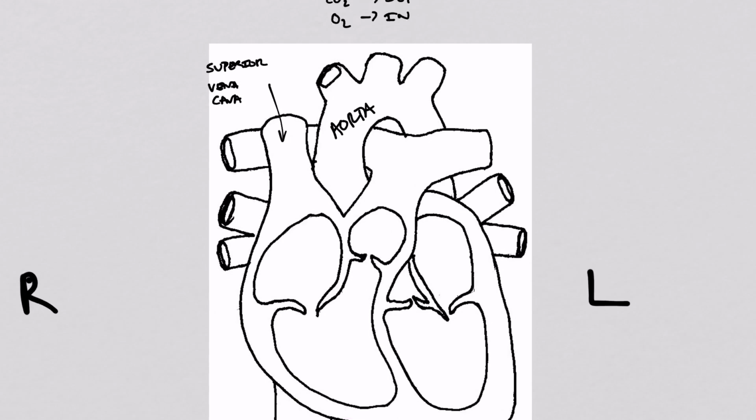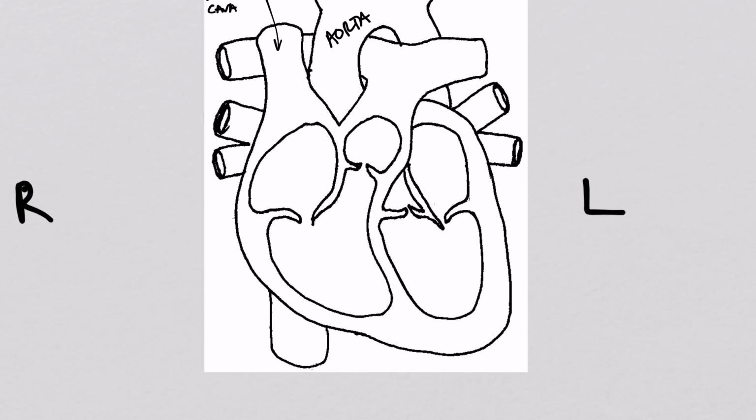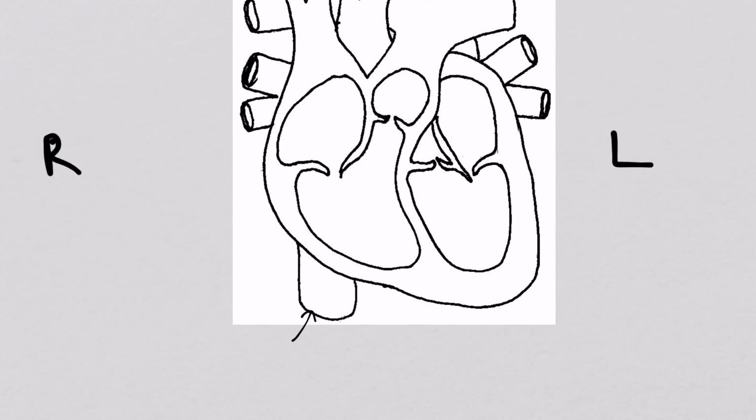So the aorta, let's first talk for a second about arteries and veins. Arteries are always going to be leading away from the heart, and veins are going to be leading back towards the heart. The superior vena cava is a vein, and this down here is the inferior vena cava.